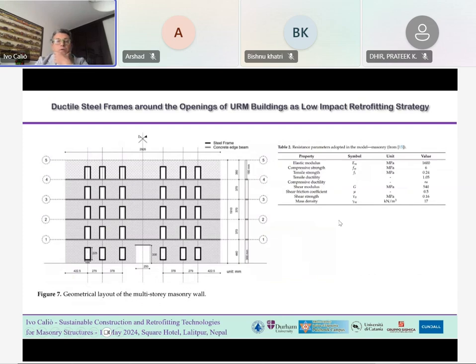We also did some comparison considering a benchmark that is called Via Martoglio walls, that is a wall typical of a building realized in Catania at the end of the 19th century.